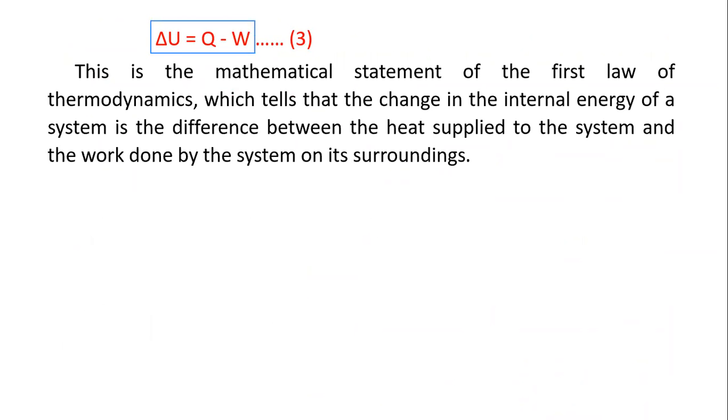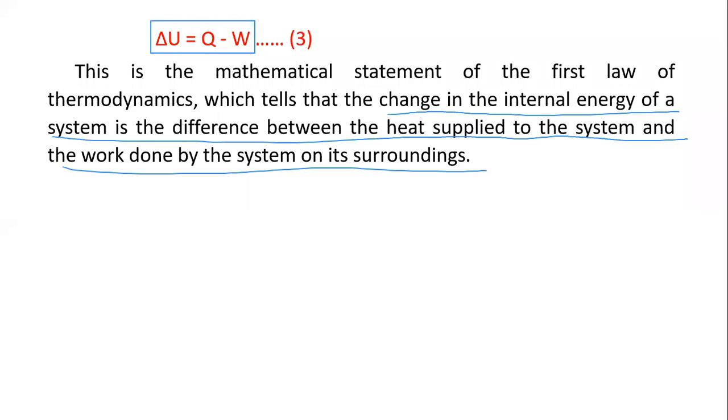Let's see this equation here. We have written delta U is equal to Q minus W. This is the mathematical statement of the first law of thermodynamics, which tells that the change in internal energy of a system is the difference between heat supplied to the system and work done by the system on its surroundings.